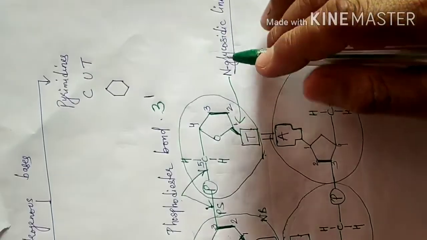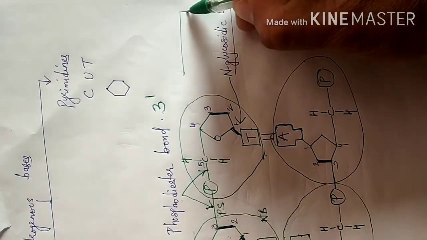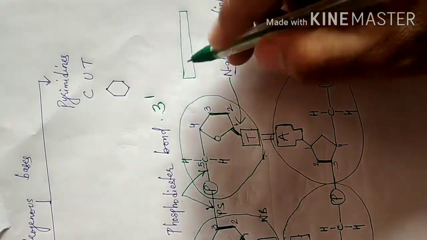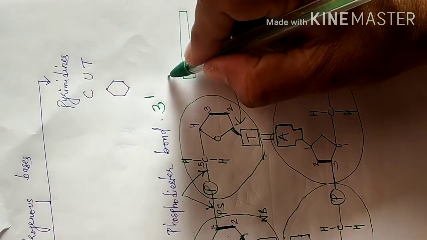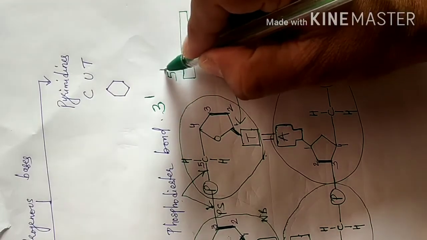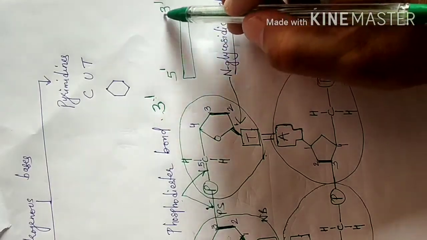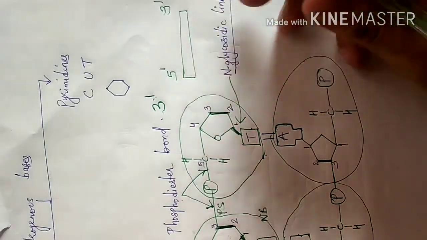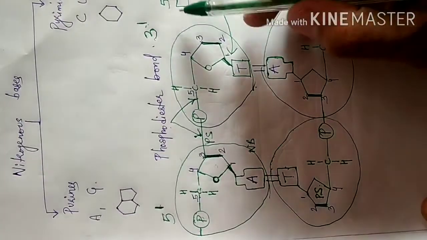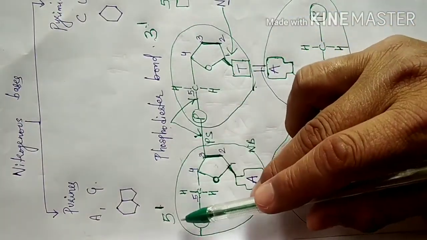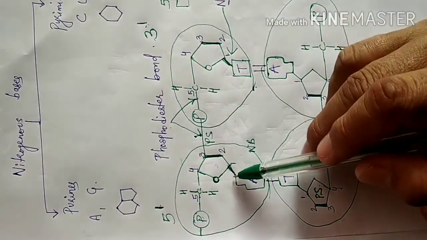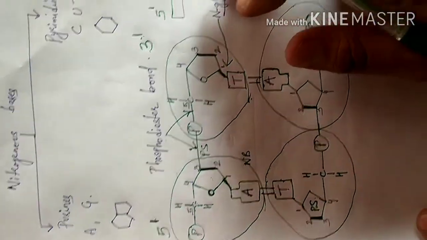So therefore we can show the DNA helix in this form, and we can also write the direction. So the left hand side was 5 prime. The other, right hand side, is 3 prime, this one. Okay, so this is 3 prime and this is 5 prime towards the left. So this we found out by looking at the position of the carbon atom.